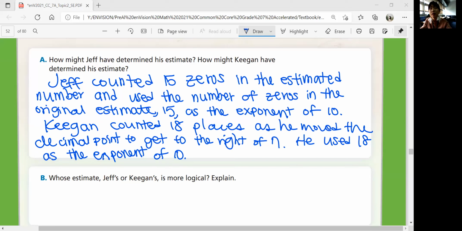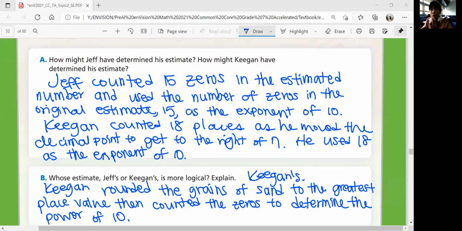He used 18 as the exponent of 10. So whose is more logical? Keegan's. He rounded the grains of sand to the greatest place value and then counted the zeros to determine the power of 10. So that's more logical, right?